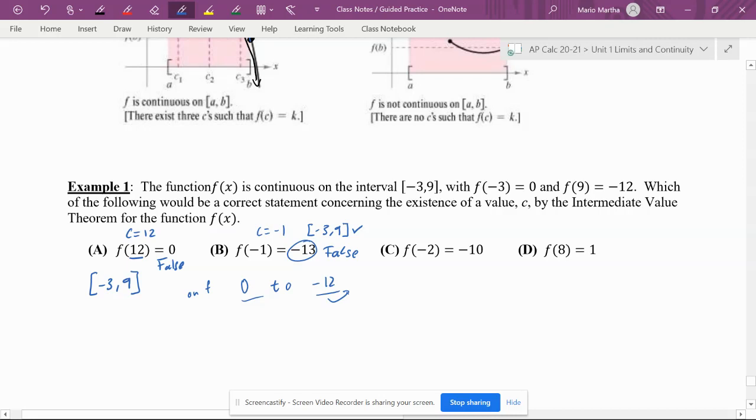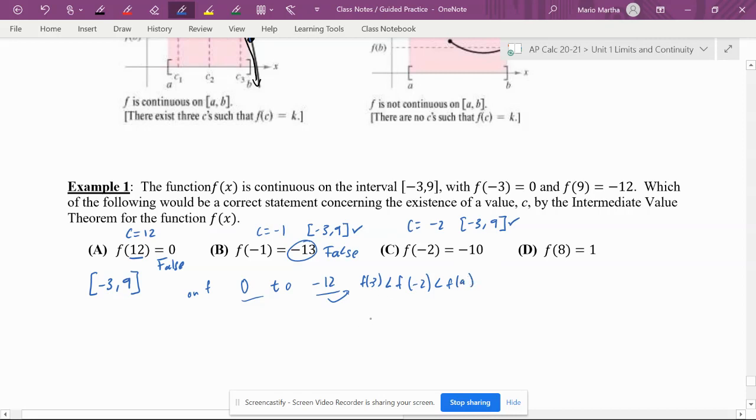Now, if you look at C, f of -2, so c equals -2. That's again between -3 and 9. That checks off. And then for our f values, f of -2 has to be between f of -3 and f of 9.